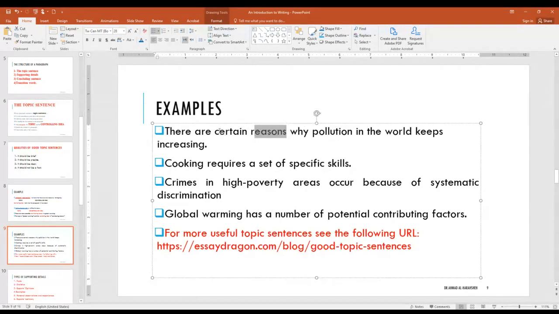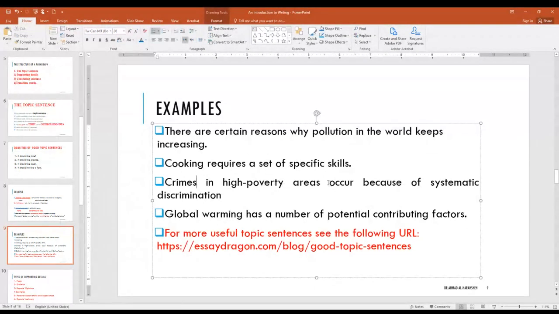And certain reasons, this is the controlling idea. What are these reasons? Cooking requires a set of specific skills. Cooking, this is the topic, and this is the controlling idea. What are the specific skills? A set of specific skills.